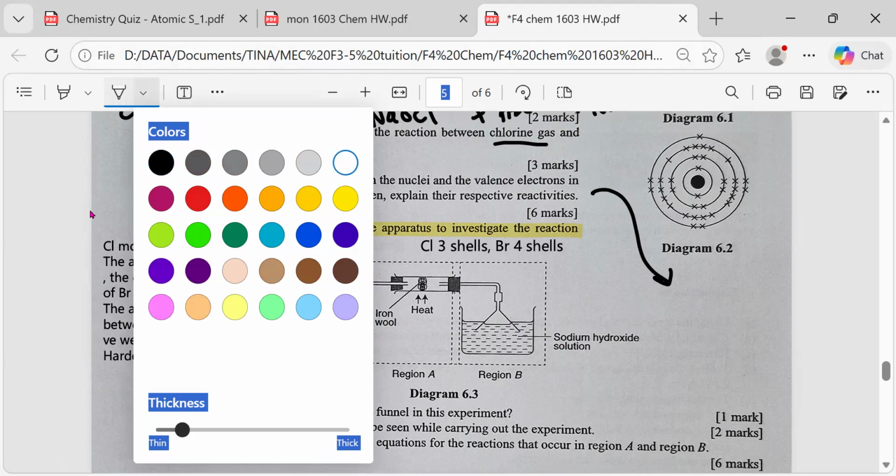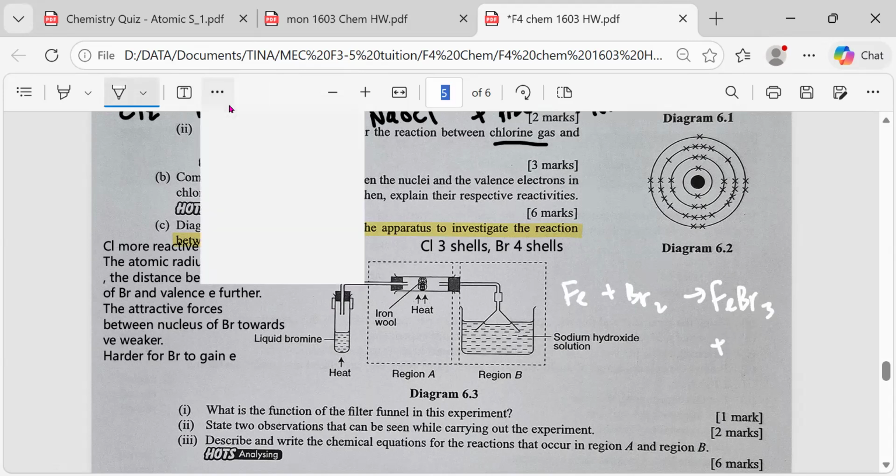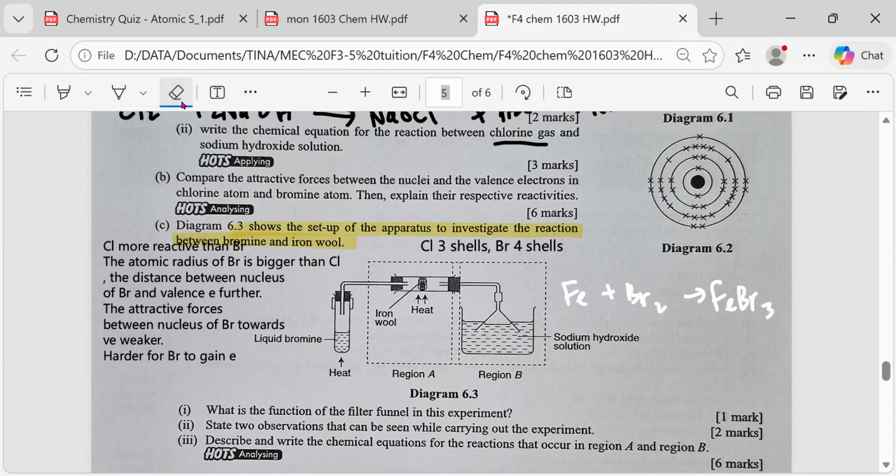So what happens here is the bromine reacts with the iron, but can you guarantee all the bromine reacts completely? No. So the extra bromine, if I just let it go everywhere, it will dissolve, but will it dissolve inside this?